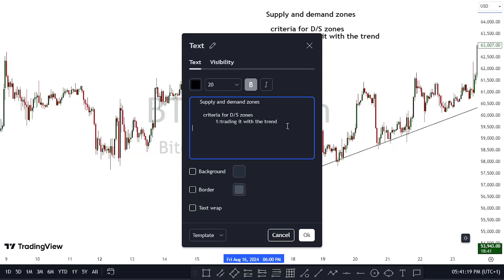And then two, it must be a large candle.